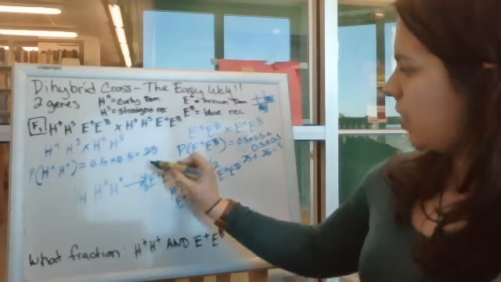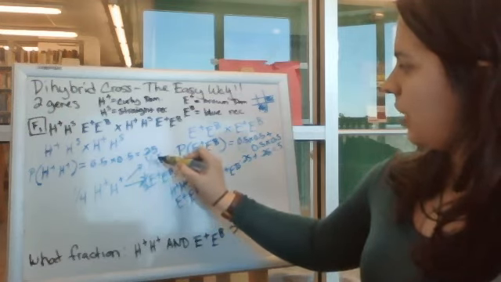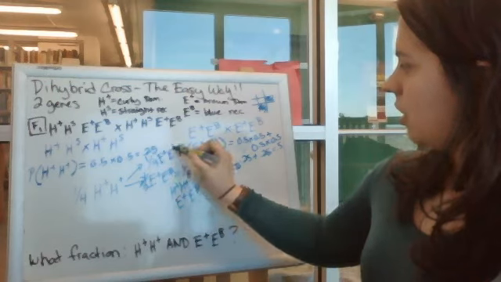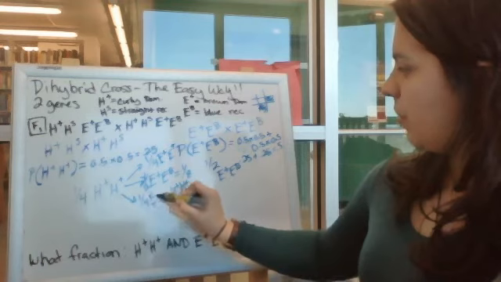And you could even make another one and go 1/4 of these are going to be E plus, 1/4 are going to be EB, EB.